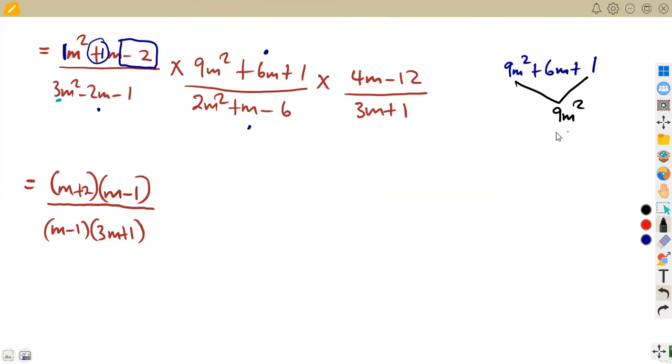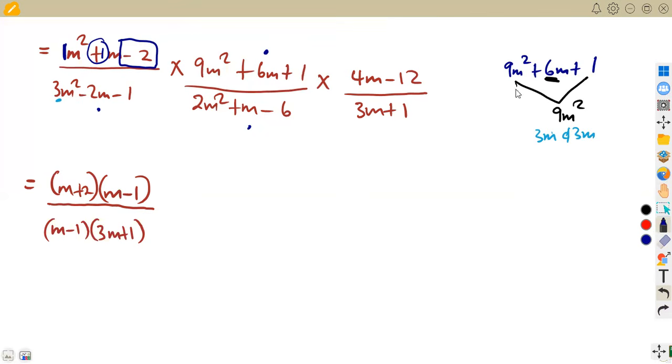So you need factors of 9m squared, but these factors must add up to positive 6m there. Which factors of 9 must add up to 6? Which numbers are we considering for 9? 3 by 3. So 3m and 3m, isn't it?